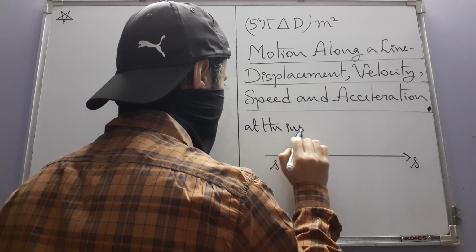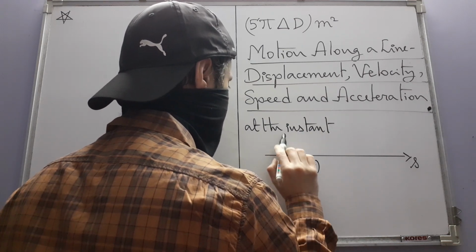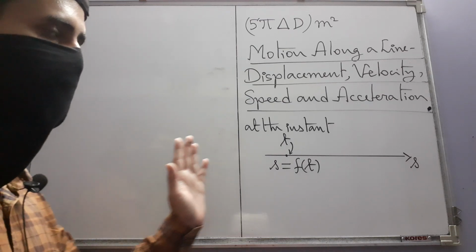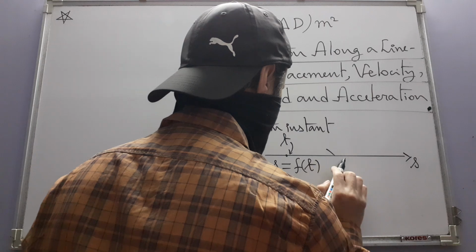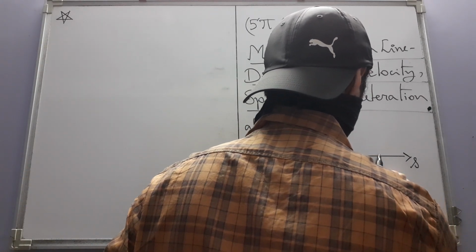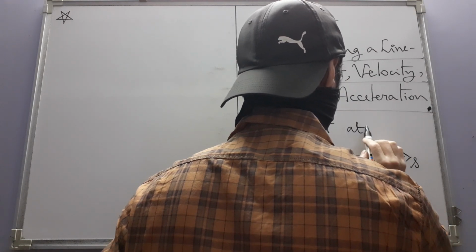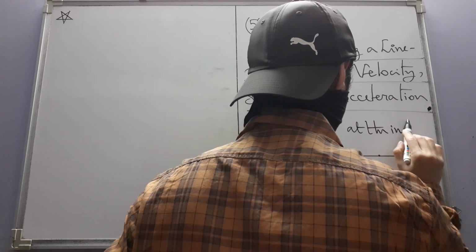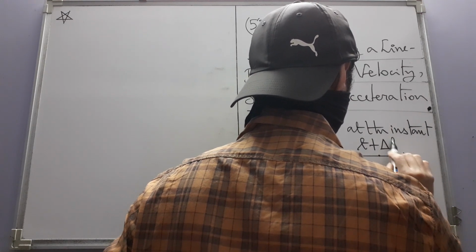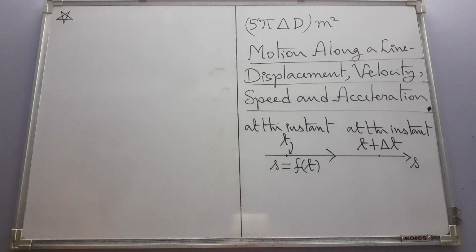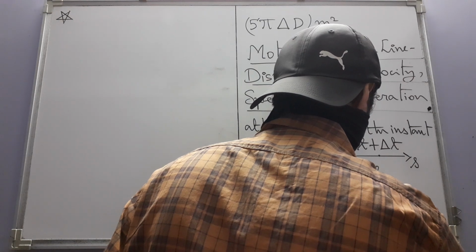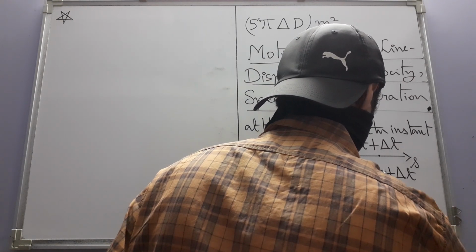At the instant t, the object lies here, and say the object is moving to the right. This is the direction of motion. At a later instant, say t plus delta t, the object assumes a new position, and that new position is of course given by the function f of t plus delta t.